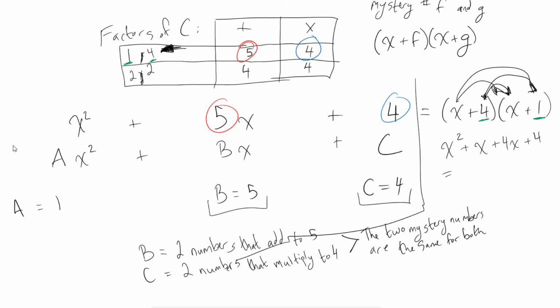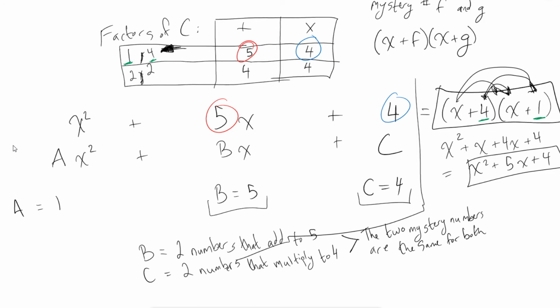So I have x squared plus x plus 4x plus 4, or x squared plus 5x plus 4. That's the same, which tells us that our original answer was right. My x plus 4 multiplied by my x plus 1 are my factors.